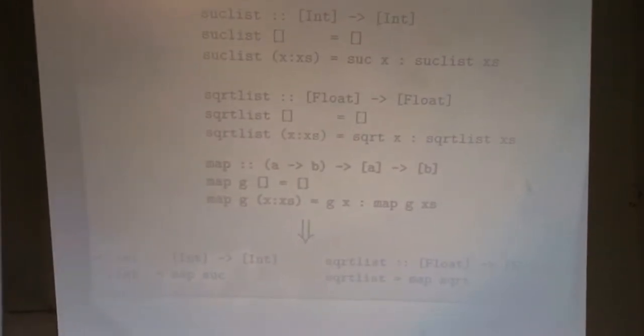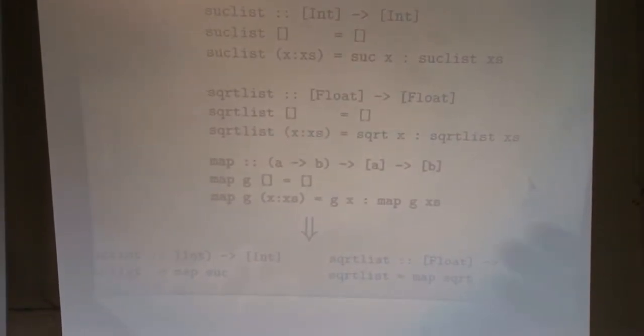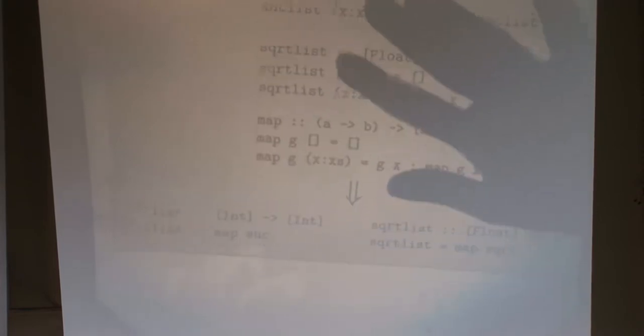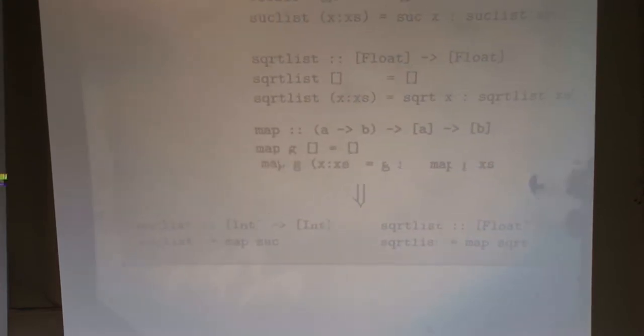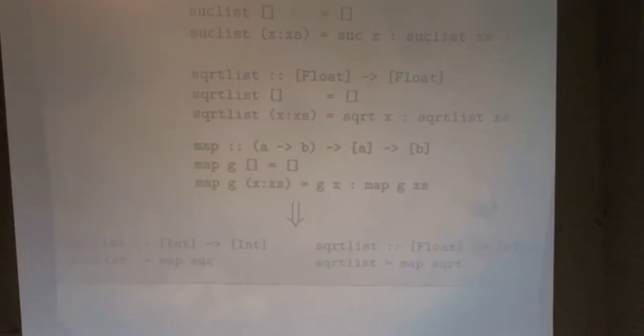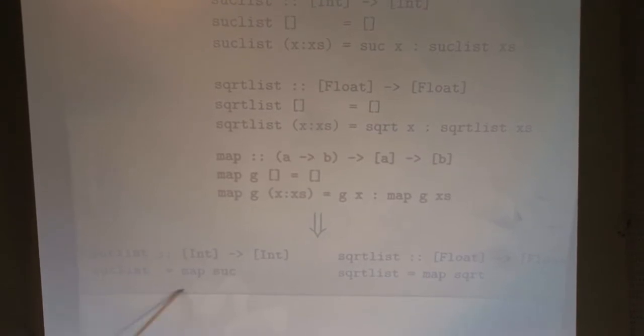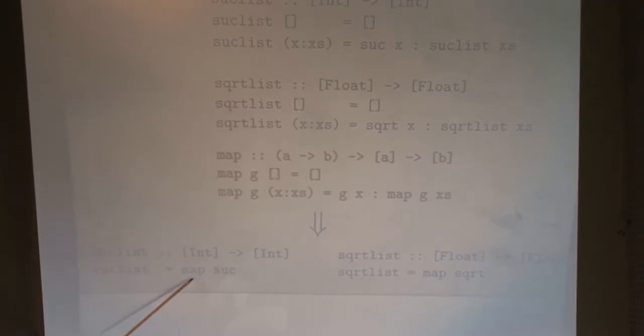These are one-line implementations. Sucklist is simply the function map suc. That's it. If you give an argument to sucklist, then what happens is you apply map suc to this list.